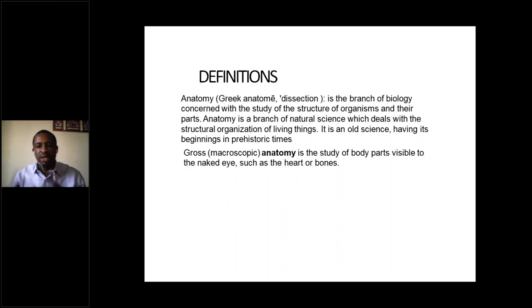It looks at the structure of organisms and at each individual part of the organism. Anatomy is a branch of natural science. It also deals with the structural organization of living things. It's an old science. Aristotle and those people started it many years ago, and it has its beginning in prehistoric time.